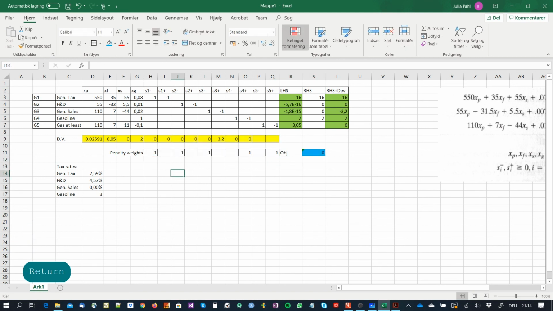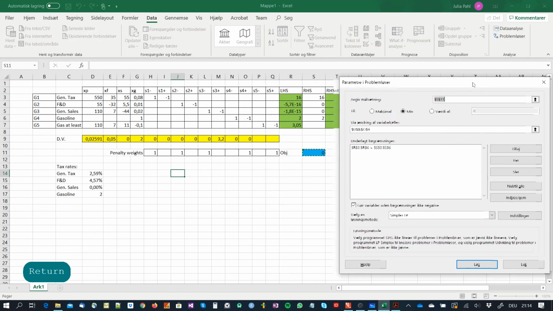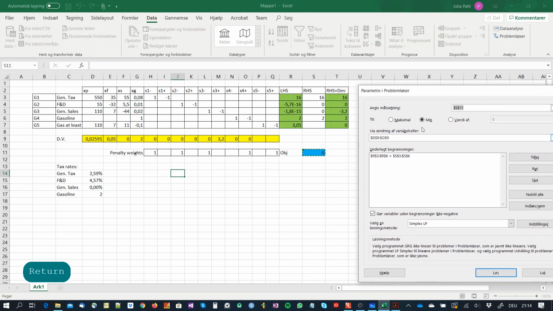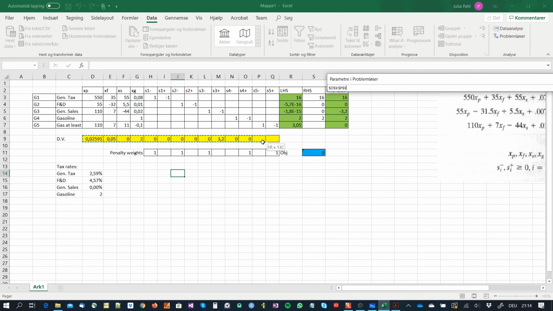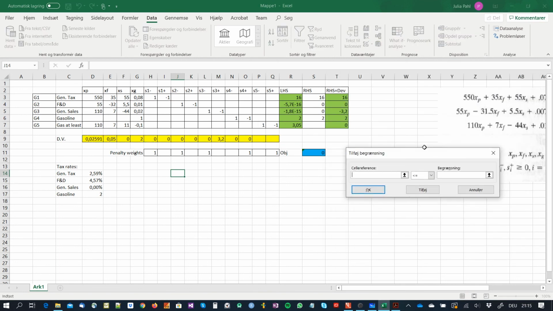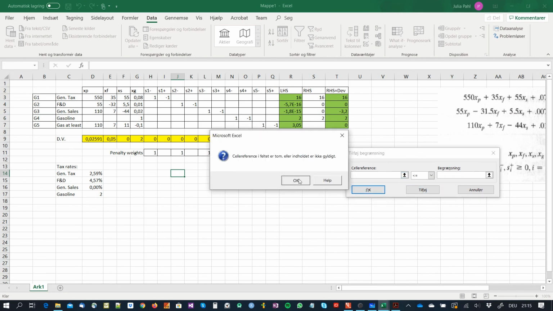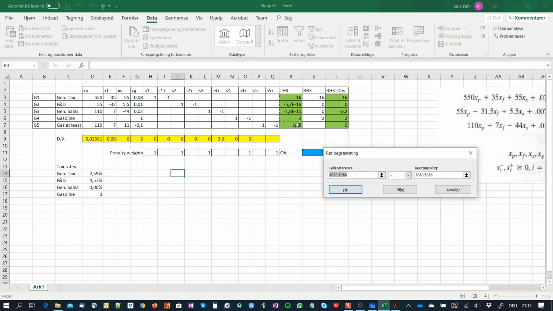And then we need to modify the Excel Solver as well to regard the additional decision variables, and also the same for the constraints, where we want to change the one that we already have and extend it accordingly.